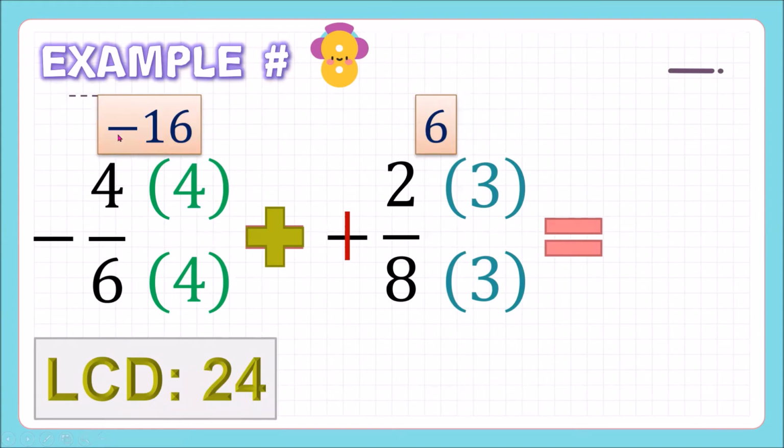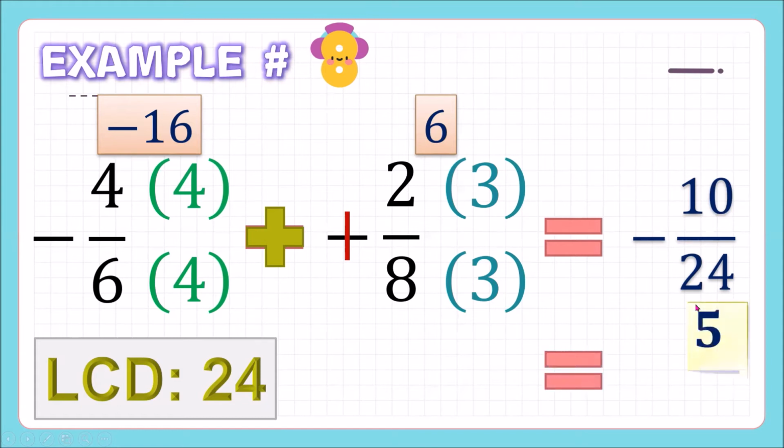The sign will be negative because 16 is greater than 6, and the sign of 16 here is negative. So we have negative 10 over 24. This is not in lowest term, so we need to divide by 2. 10 divided by 2, we have 5, and 24 divided by 2, we have 12. So we have here negative 5 over 12.